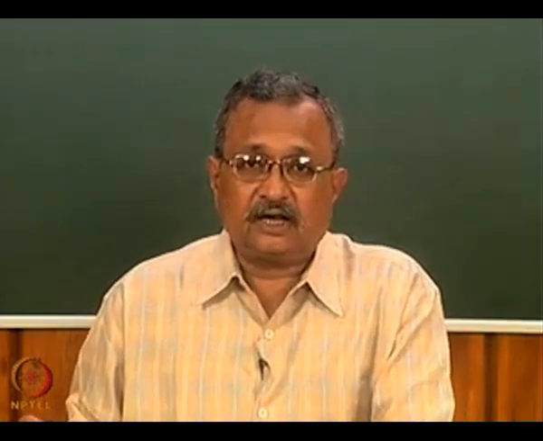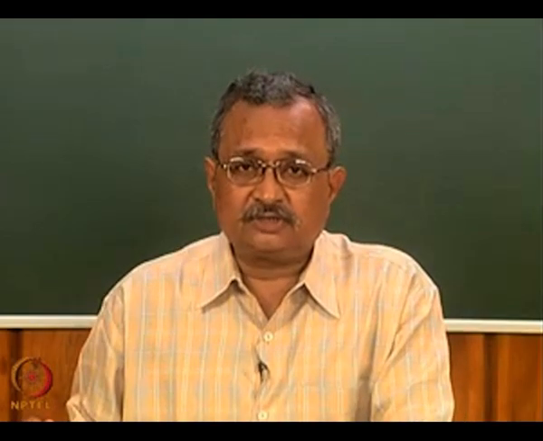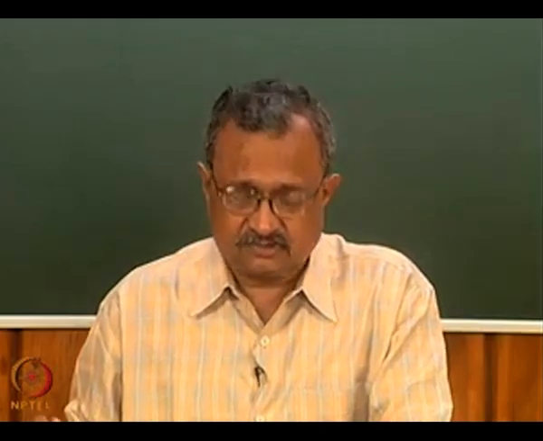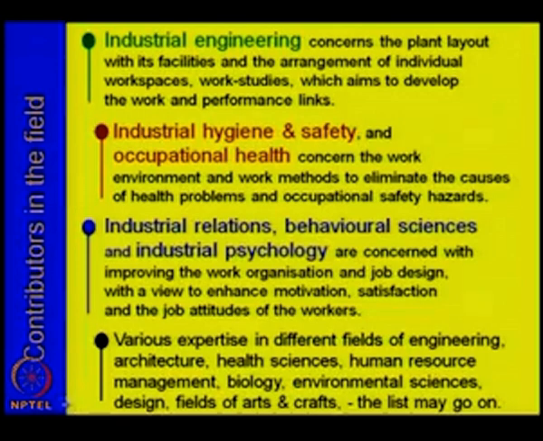Now, apart from physical body dimension, physiology and psychology, that is behavior, among the other specific contributors in the field, we can say that industrial engineering concerns the plant layout with its facilities and the arrangement of individual workspaces, and work studies, which aim to develop the work and performance link.